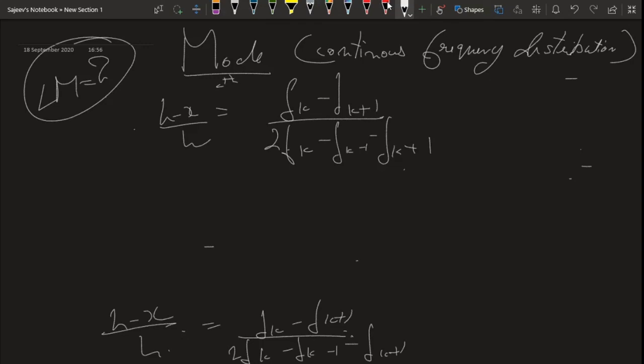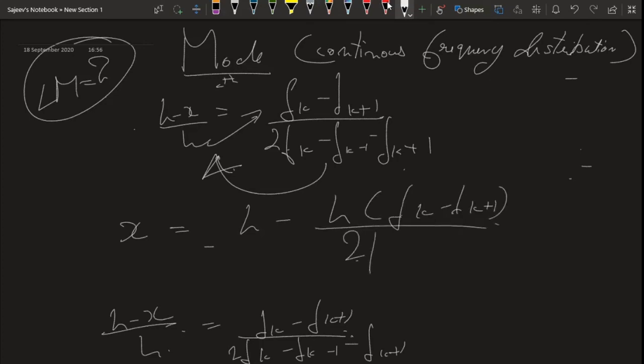Let me bring the h to this side and the x to the other side. Or let me bring the big term to the left side, so I'll get x as positive. So x is equal to h minus h into fk minus fk plus 1 divided by 2fk minus fk minus 1 minus fk plus 1.